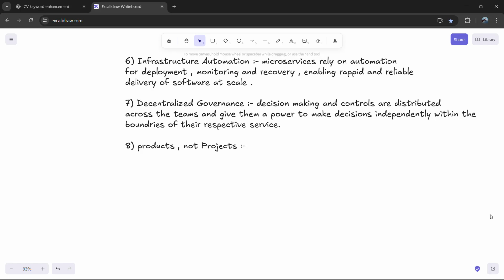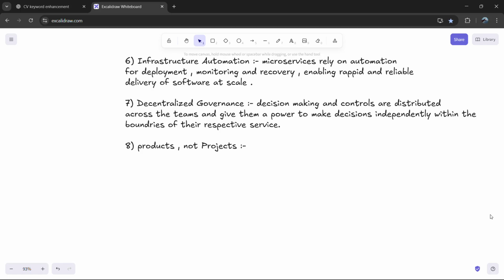So this point basically says that you don't treat your project as a project.